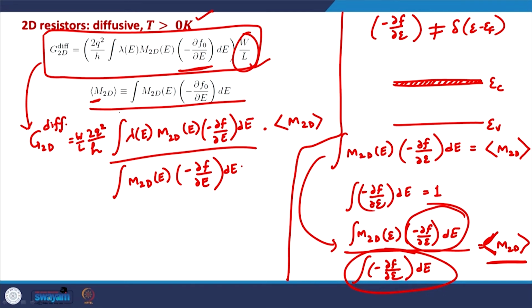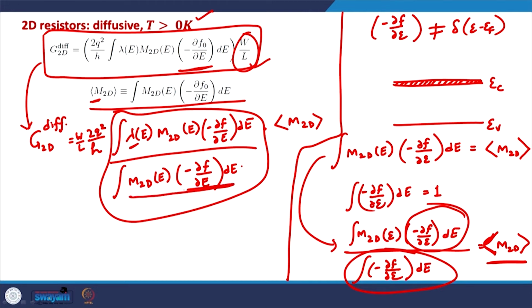If we have a closer look at this expression, it is also like an average of a function, the average of essentially this function lambda E, and now this average is taken over this function m2d E minus del f by del E dE.